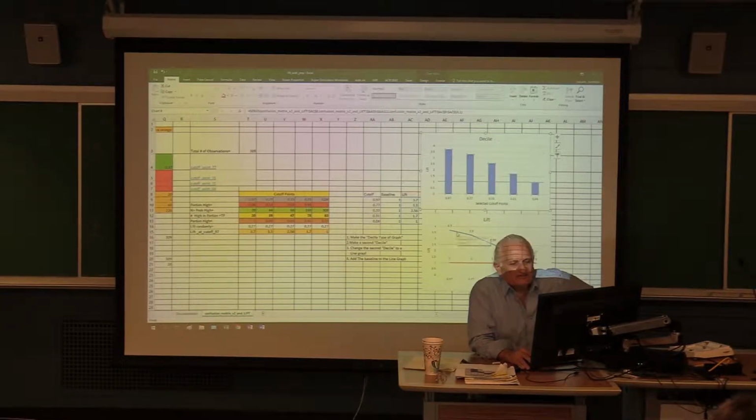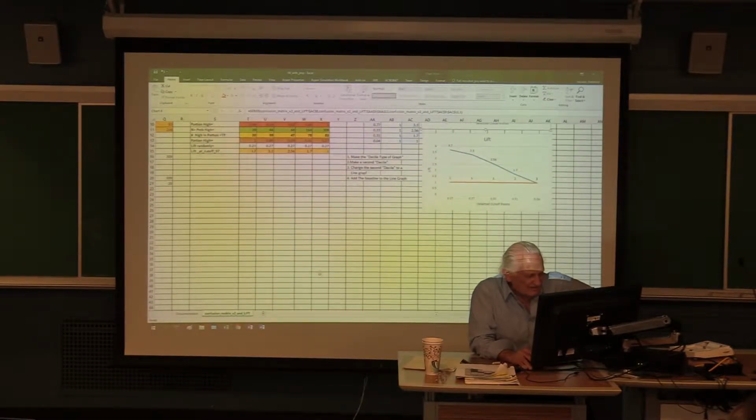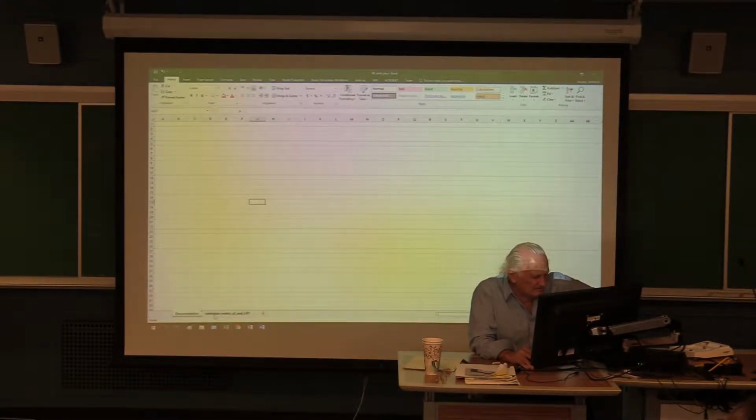So this is a slightly different interpretation. It ends up being the same, but on the x-axis you have the selected cutoff points.